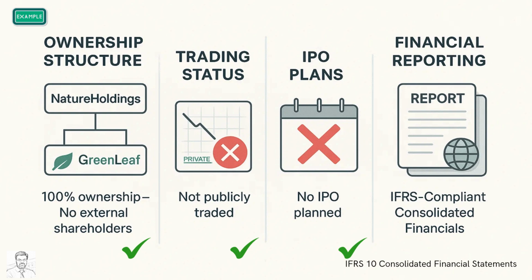Again, nope, no IPO plans. Condition 4, is the ultimate parent, Nature Holdings, already preparing consolidated financials that follow IFRS and are available publicly? Yes, Nature Holdings publishes full IFRS compliant consolidated financial statements every year. So guess what? Greenleaf ticks all 4 boxes. That means under IFRS 10, Greenleaf doesn't need to prepare its own consolidated financial statements.